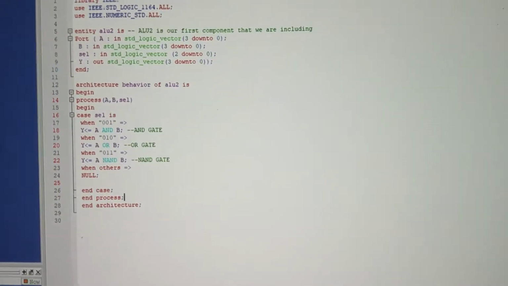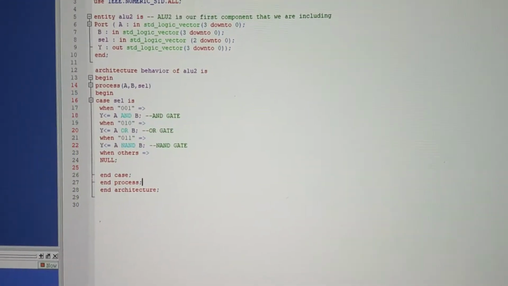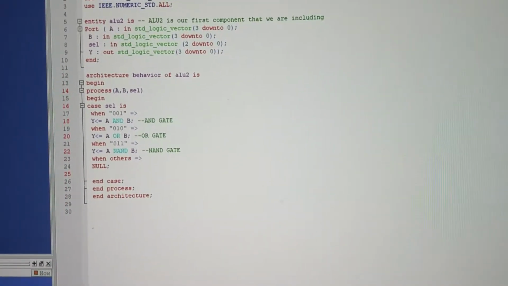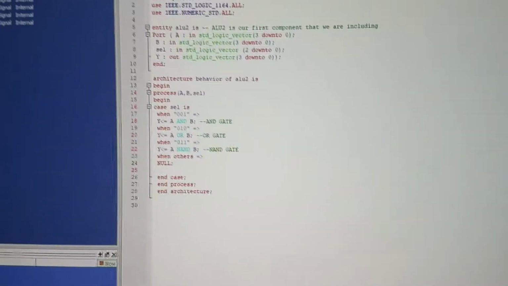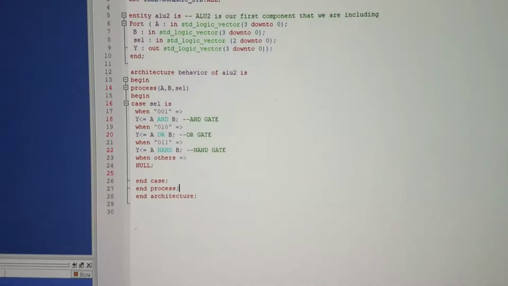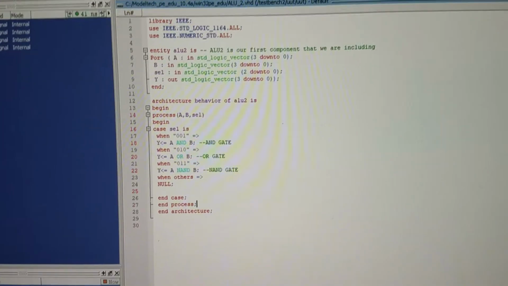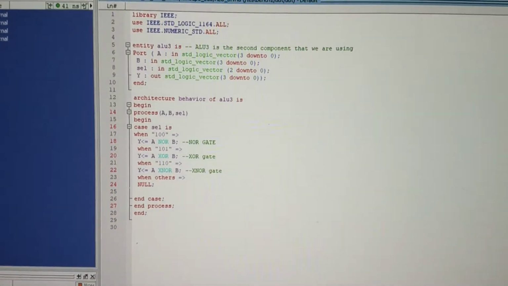And in this component, we will be performing the operations AND when detecting 001, OR when detecting 010, and NAND when detecting 011. When others null, so we should not have any other output if those aren't detected, at least from this component.